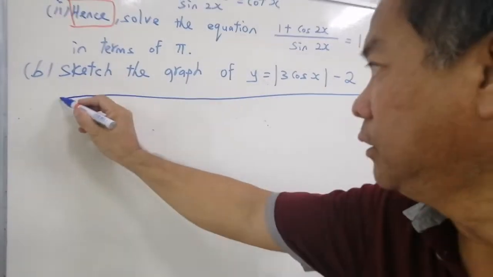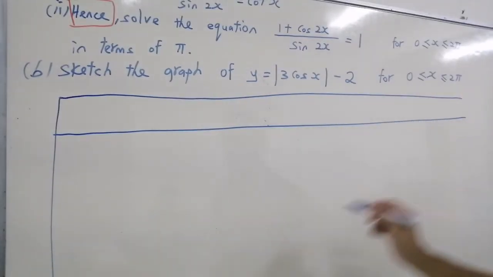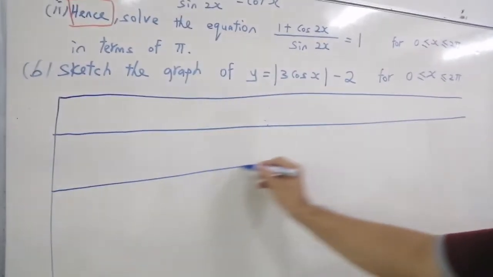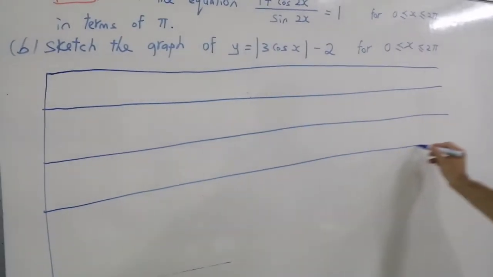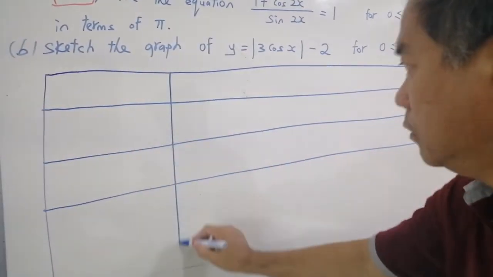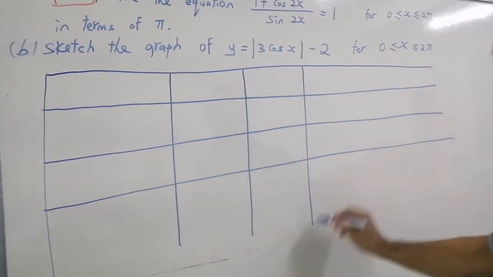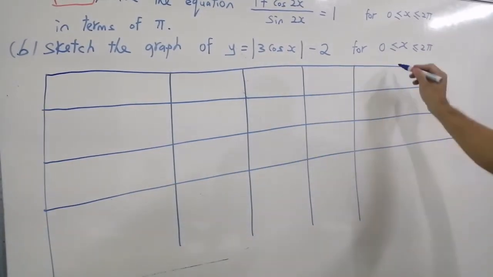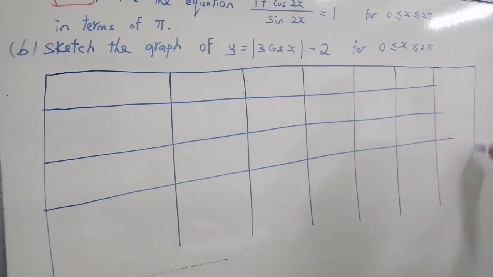I don't have a ruler, so my line is not straight. Okay, first I put the x value. I don't know enough or not.